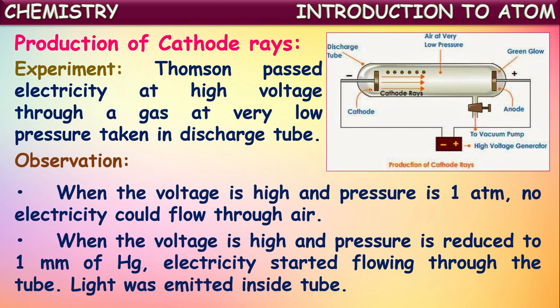As the electricity passage started, light was emitted inside the discharge tube. So at normal conditions, by passing electricity at a high voltage, no current was passed by the gas. Then slowly he reduced the gas pressure inside the discharge tube by evacuating it using the vacuum pump. After reaching a pressure of around 1 mm of Hg, it started to pass electricity through the gas, and he observed emission of light inside the tube.